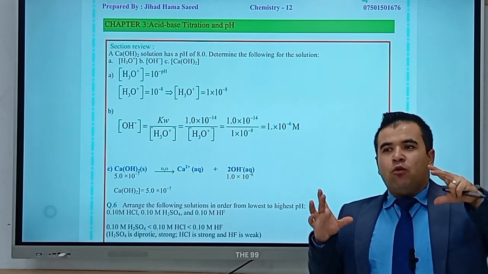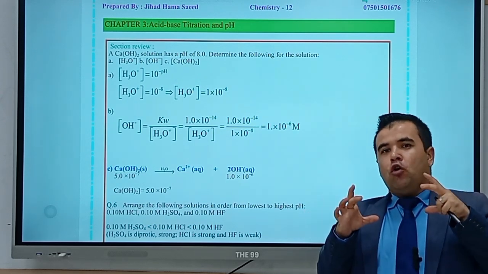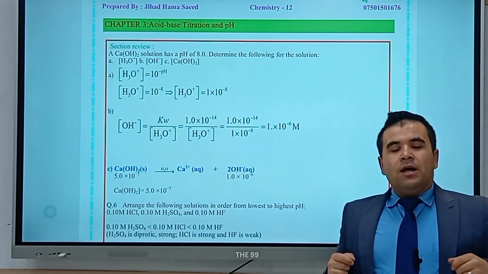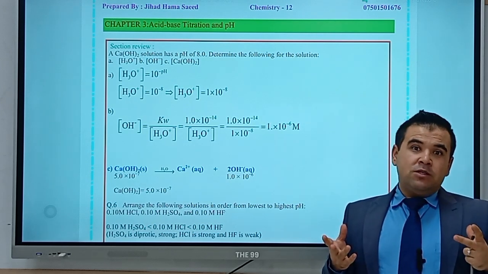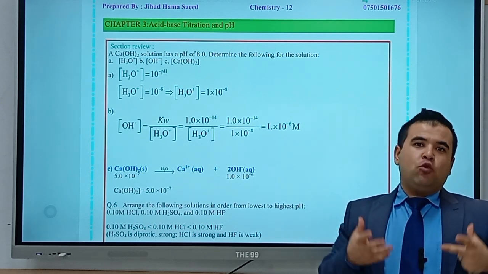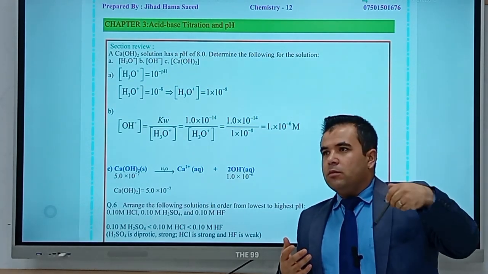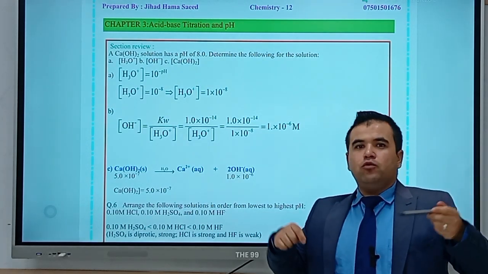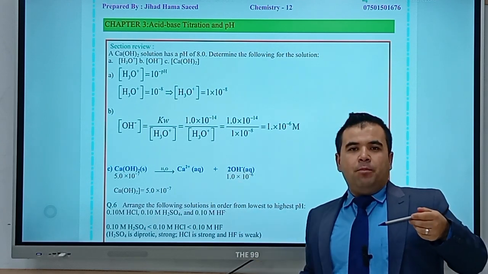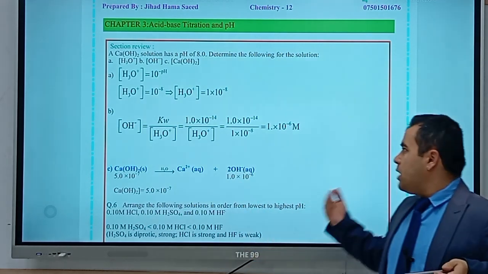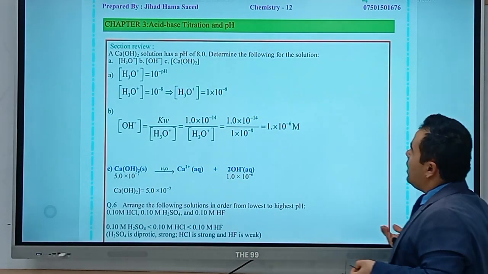These 6 equations form a chain of 6 rings. 6 rings means the 6 equations. Knowing one of the values, if you know hydroxide, you will be able to calculate hydronium, pH, pOH of the solution, and as well for the others.